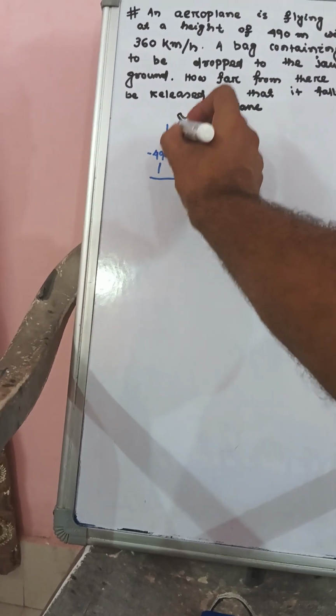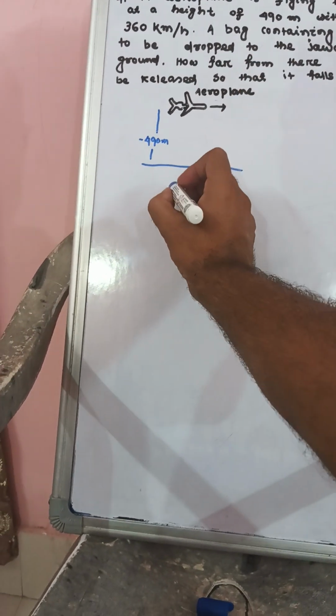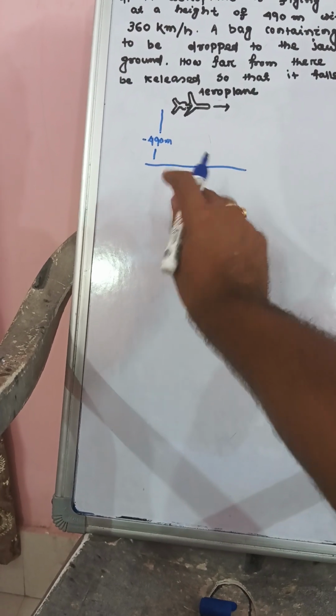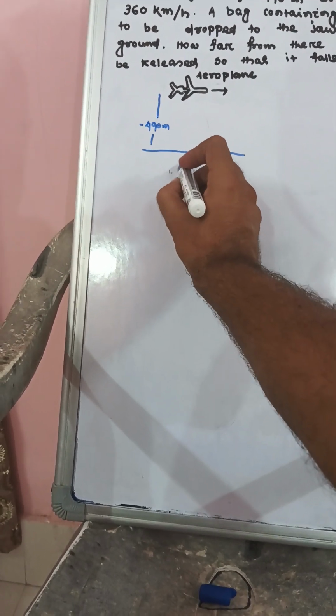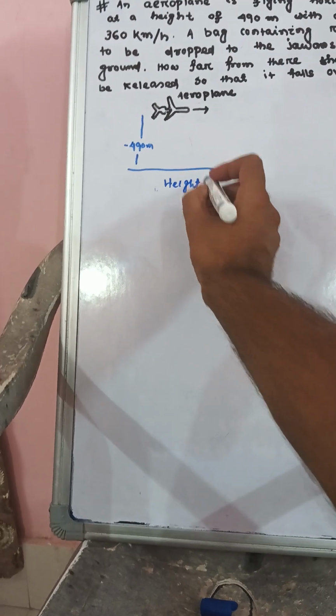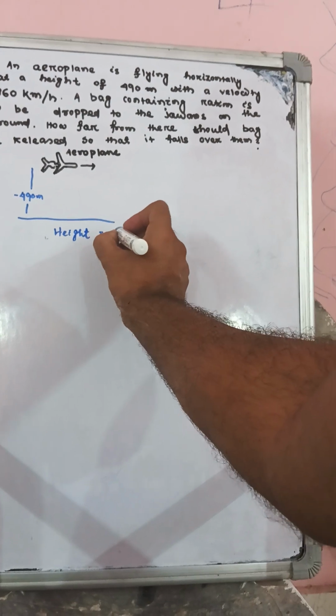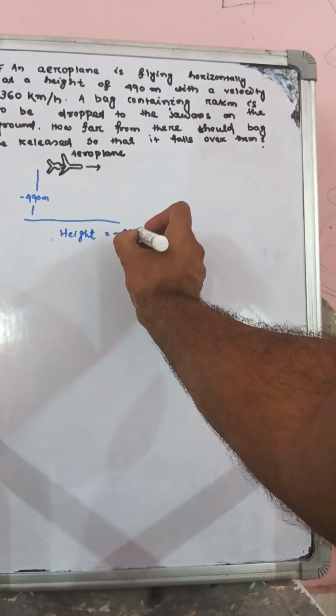Ground, and initial velocity ux, height will be minus 490 meter.